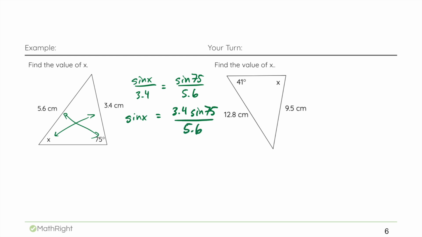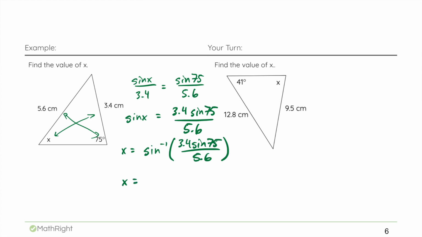I have sine x, and so to isolate x on its own, I have to do the inverse sine. So that could end up looking like sine inverse of 3.4 times sine 75, all divided by 5.6. This is what I could enter into my calculator in order to figure out what x is.